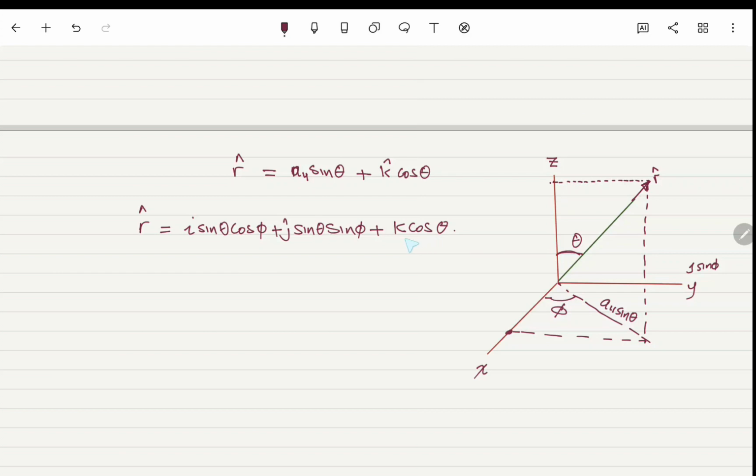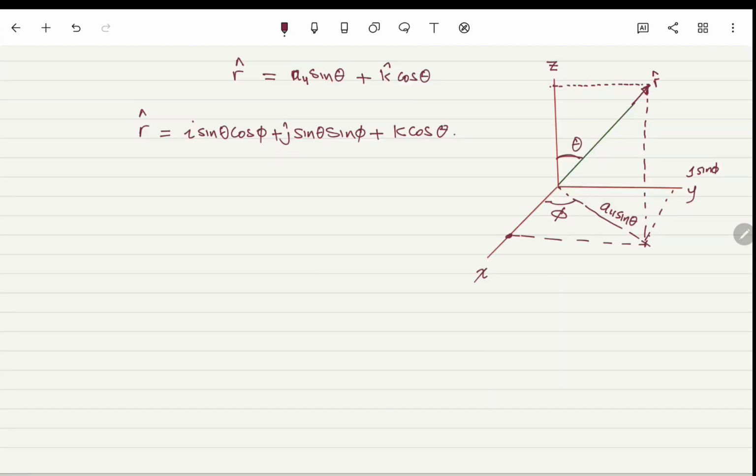Remember, this one is the intercept with the z-axis. The sine theta comes from the component of r hat in the xy plane. The cosine phi is the intercept with the x-axis, and sine phi is the intercept with the y-axis. So this is r hat. Now, let's find theta hat.